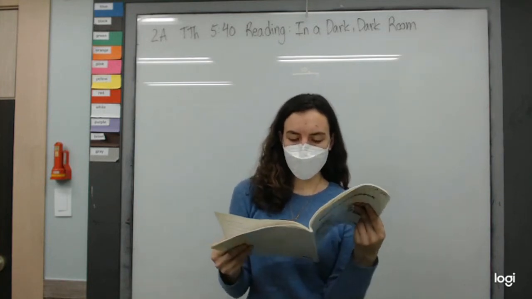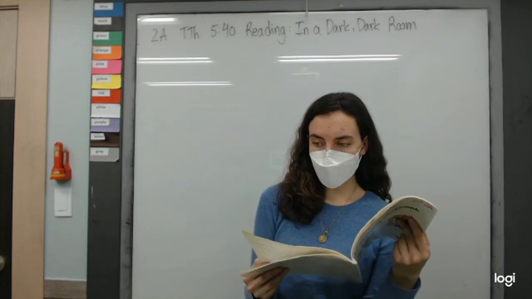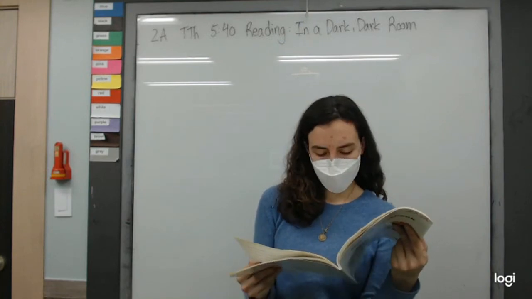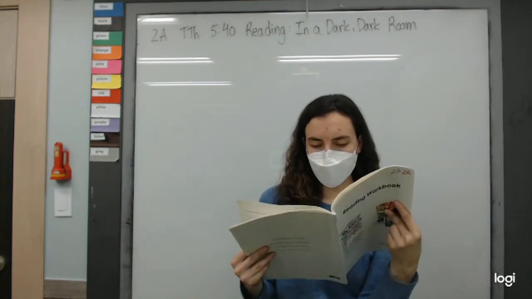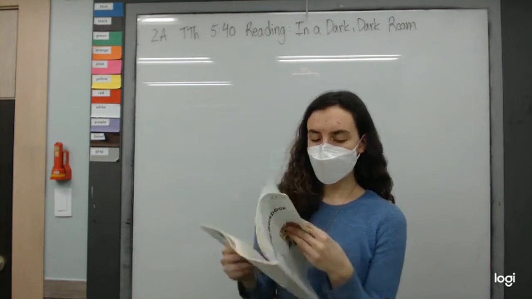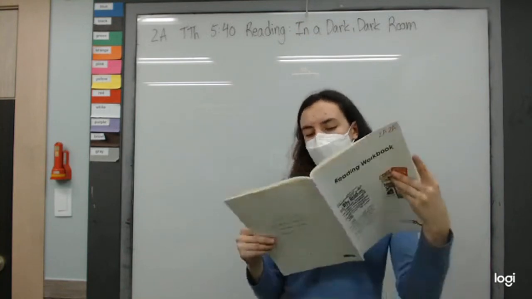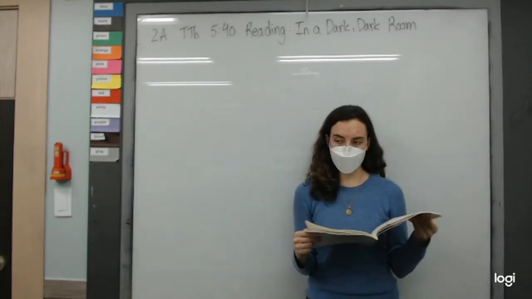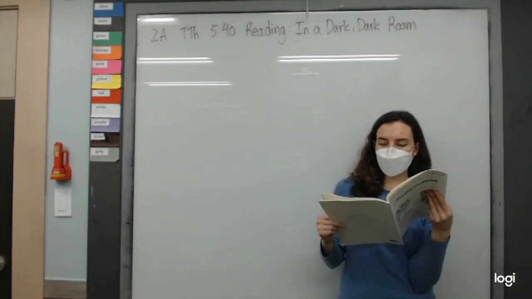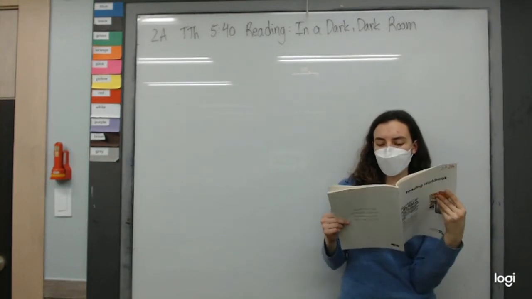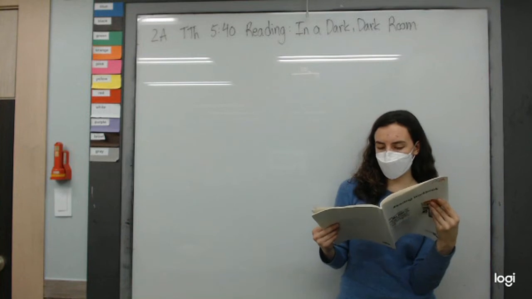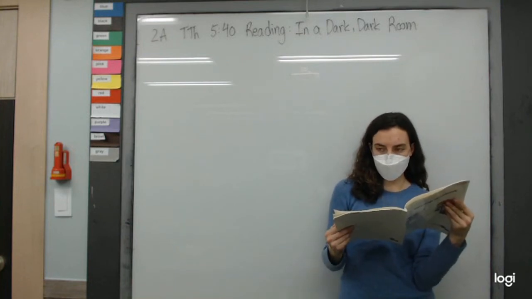Okay, the next one is a dead person's body. We saw before. A dead person's body. The first letter is C.